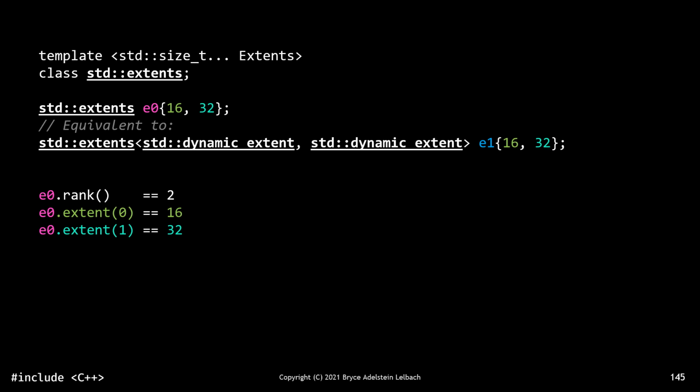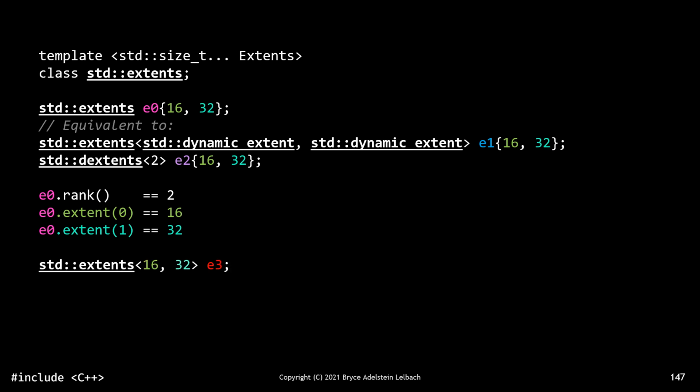Through the power of C++20's class template argument deduction, when you're working with all dynamic extents, you usually don't need to spell out the entire verbose instantiation. There's also an alias, dextents, for the all dynamic extents case. It takes a single parameter, an integral specifying the rank.